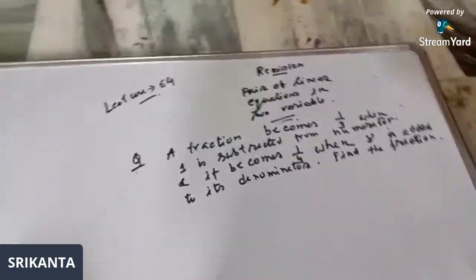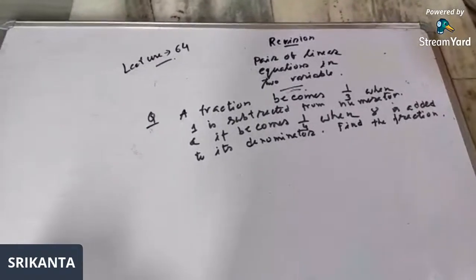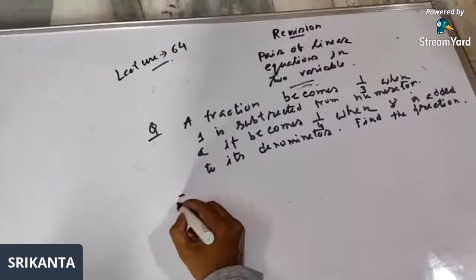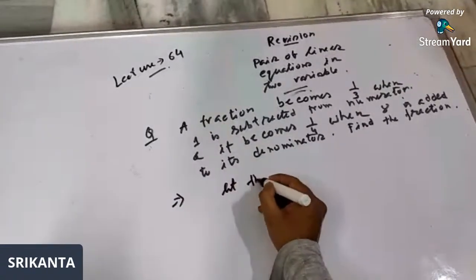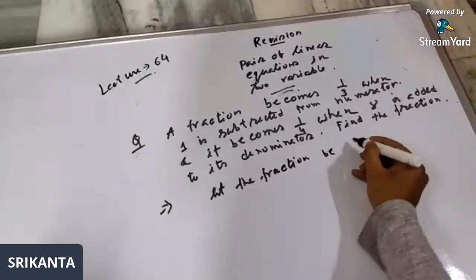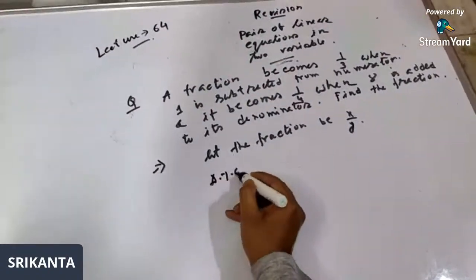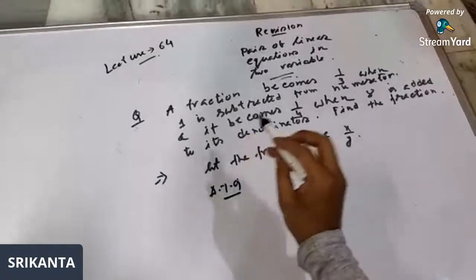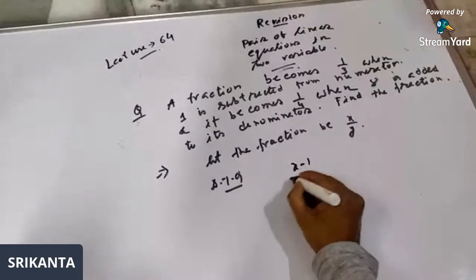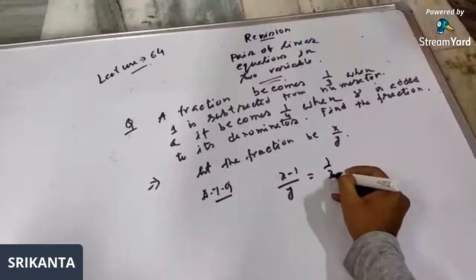It says the fraction becomes 1 by 3 when 1 is subtracted from numerator, and it becomes 1 by 4 when 8 is added to its denominator. Find the fraction. How can you do? Let the fraction be x by y. Fine. Now according to the question, what do you have? He said when 1 is subtracted from numerator, this is numerator. If 1 is subtracted from numerator, the fraction becomes this.